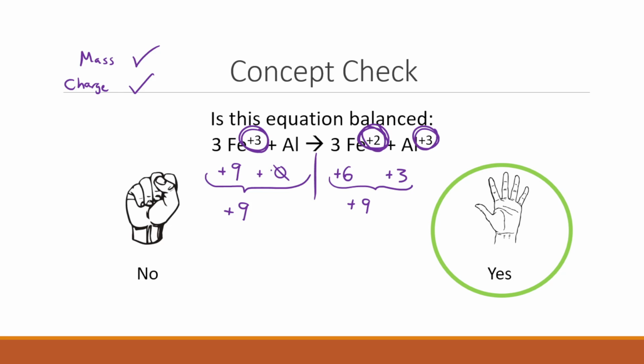If you look back when we did our balancing equations, if you look back at our acids and bases, there really was never any time where we had naked charge like this. Now that we have charge hanging out, we need to make sure that it's balanced, that the charge on the left is equal to the charge on the right.